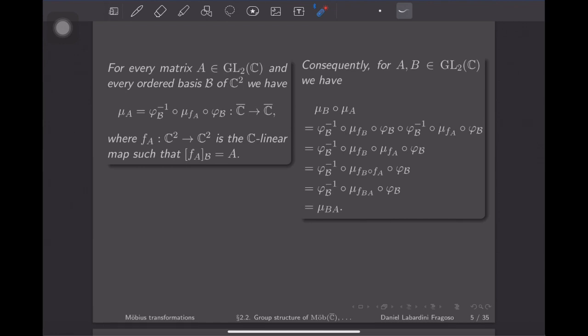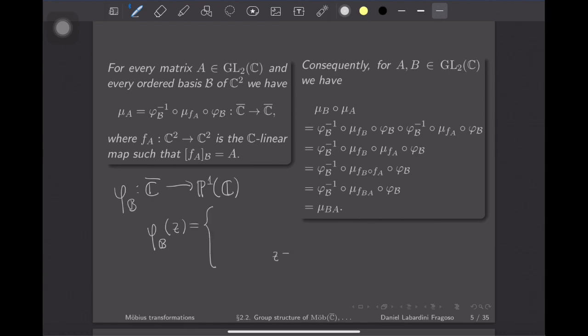So, if you give me an ordered basis of C2 and an invertible 2x2 matrix with complex entries, remember that we have the homeomorphism phi of B, which goes from C bar to P1C. And it really is phi B of Z is, and there are two cases.